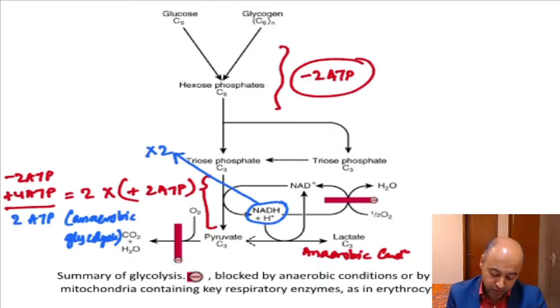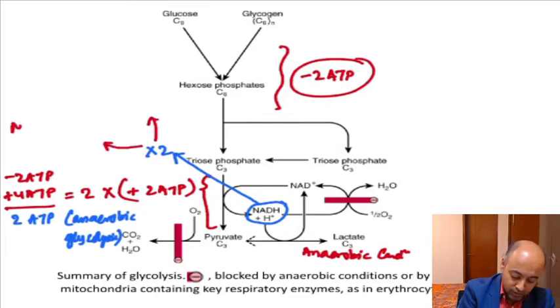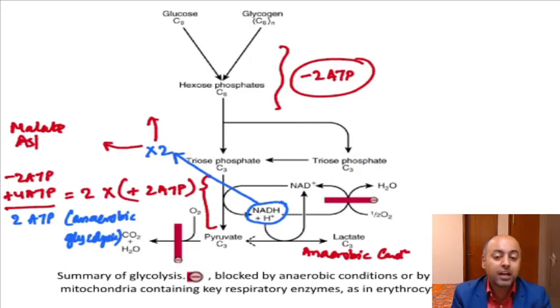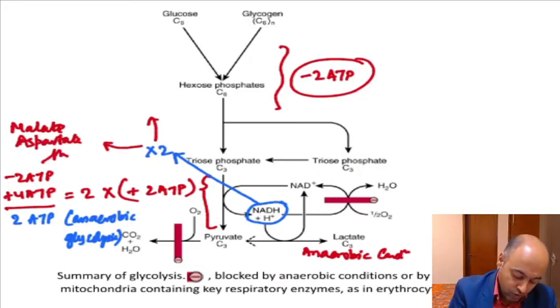So depending on which shuttle you are using, there are two options. You can use the malate aspartate shuttle, or you can use the glycerol phosphate shuttle.